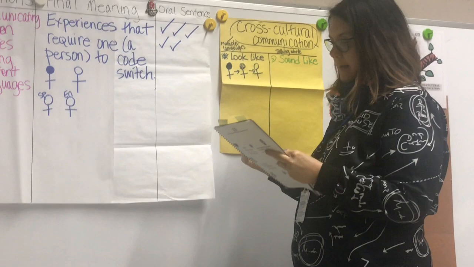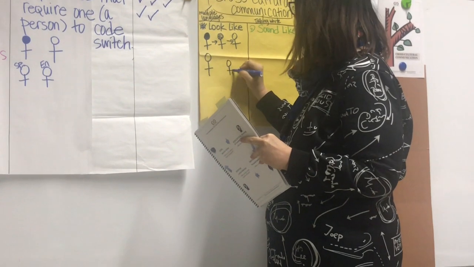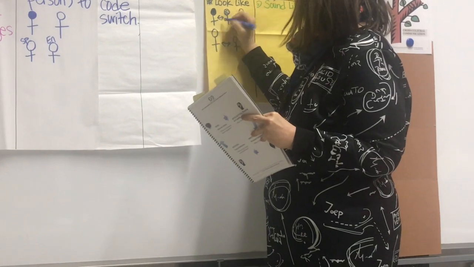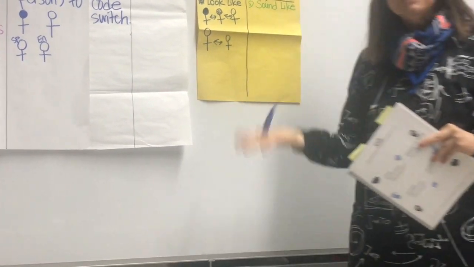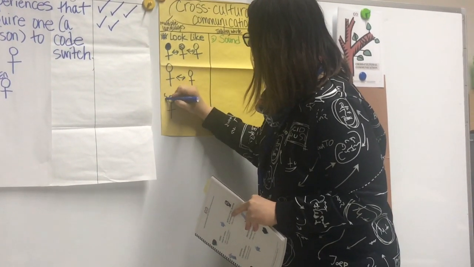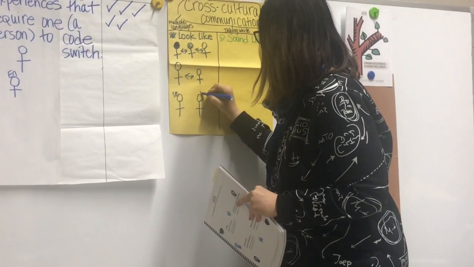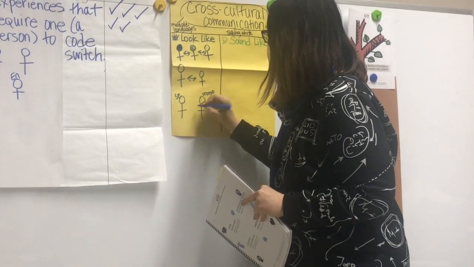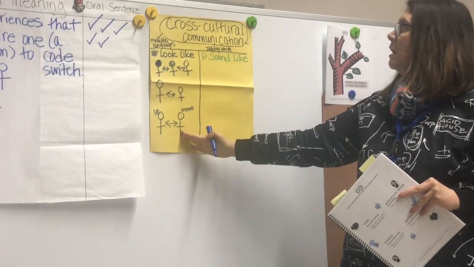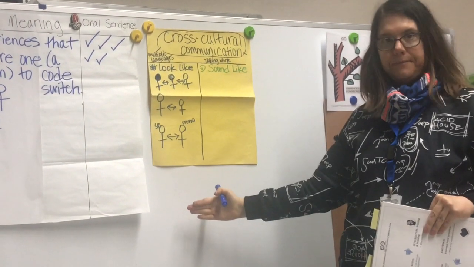It also looks like an adult talking to a child. It also looks like a person who speaks Spanish and a person who speaks Oromo talking to each other. So each of these examples are things that could represent cross-cultural communication and what it looks like.